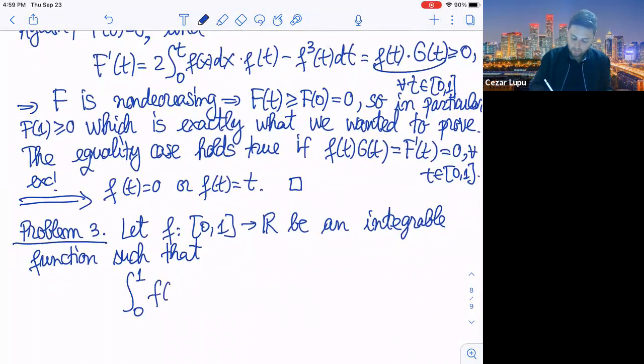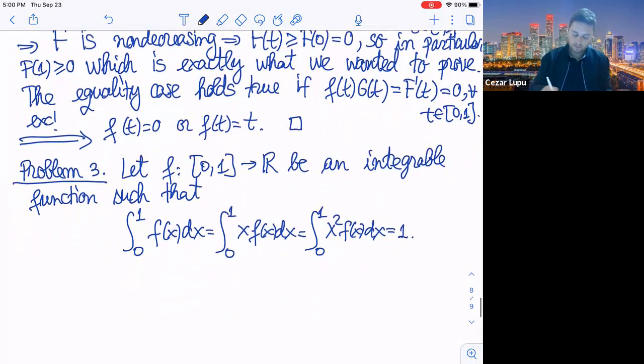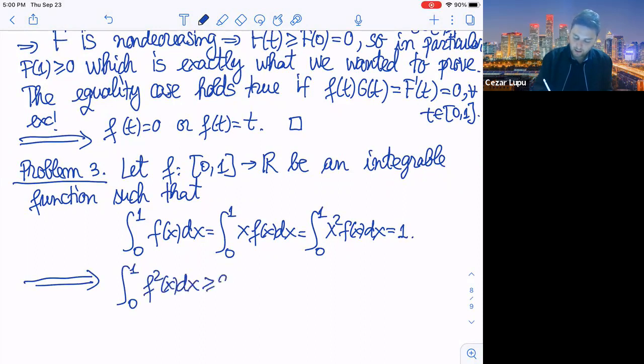The integral of f is the same as the integral of x times f, and this is the same as the integral of x squared times f. And moreover, all 3 of these are 1. And then guess what? The integral from 0 to 1 of f squared is greater or equal than 9.